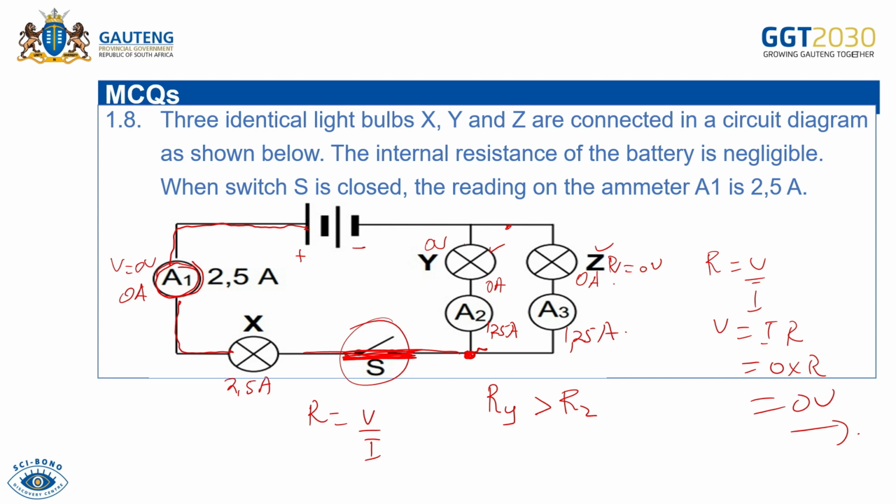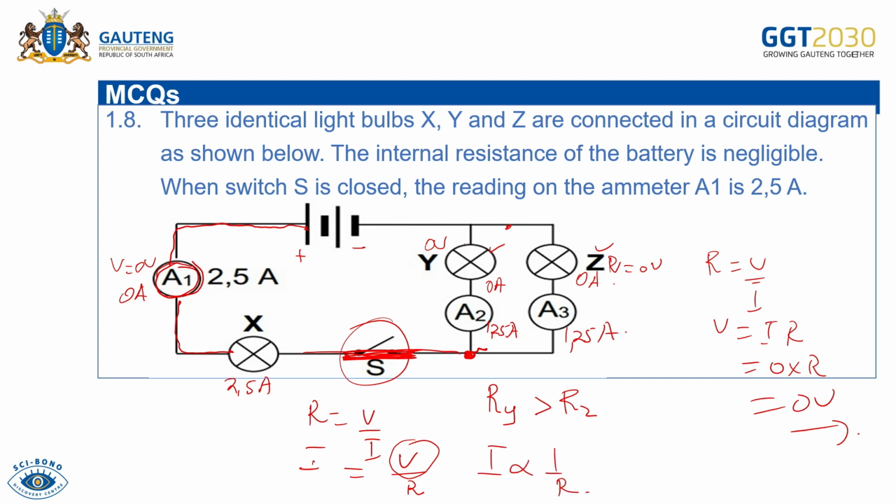And when the resistors or the bulbs are connected in parallel, what remains the same is the potential what? Difference. Right? So I is given by V over what? Over R. Right? So, at constant V, I is inversely proportional to what?